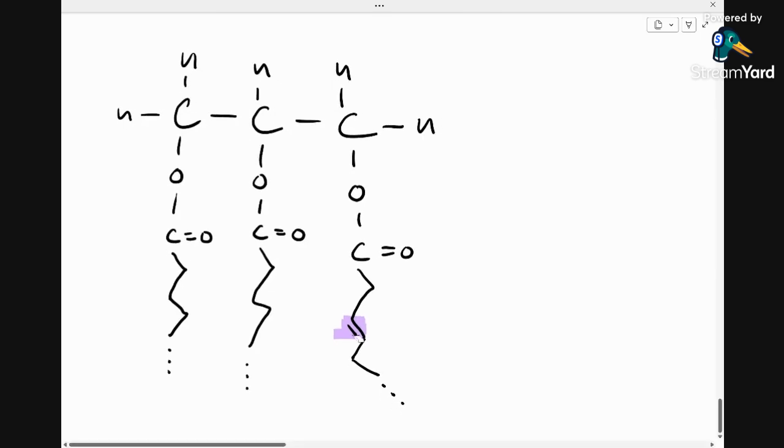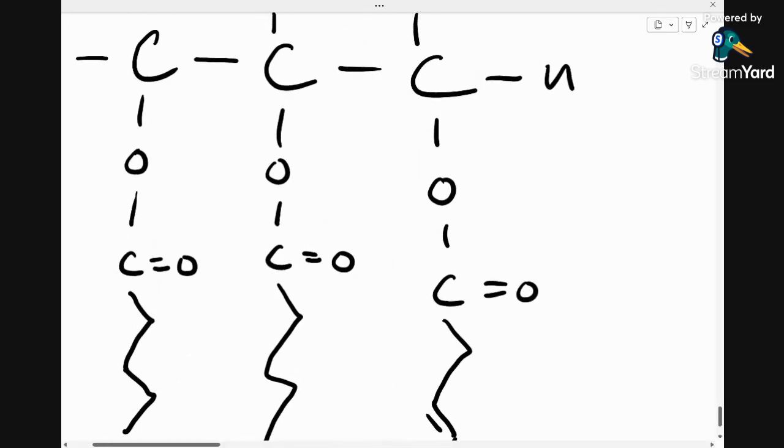Key point is though, we can modulate this now. We can change this to form something called a phospholipid. And as the name suggests, all we do is add a phosphate group. And we can add a phosphate group by doing the following. The 2 electrons that are involved in this covalent bond, you don't need to know how, but we essentially break this bond and give them both back to this oxygen.